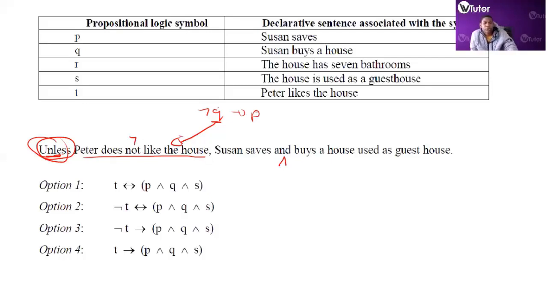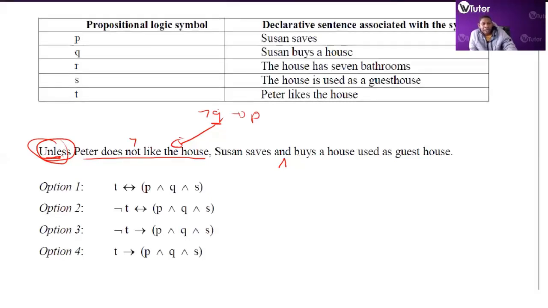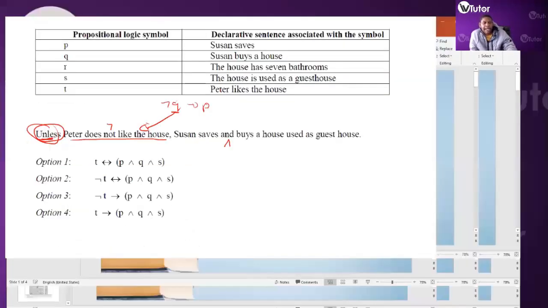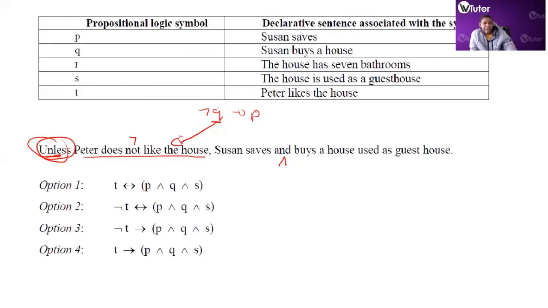Right. So what are we going to do? So unless Susan buys a house, this is the Q, and then all this is the P. Right. So we then say, not Peter does not like a house.